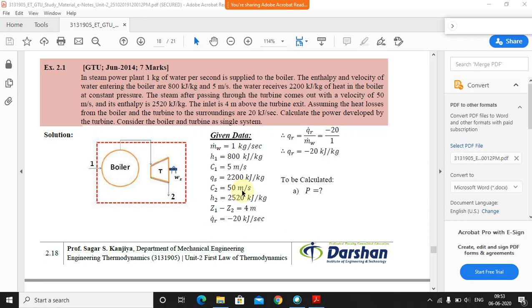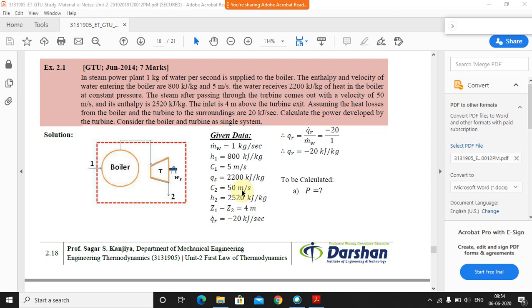The steam after passing through the turbine comes out with a velocity of 50 meters per second and its enthalpy is 2520 kilojoule per kg. The inlet is 4 meter above the turbine exit. Assuming that the heat losses the turbine, consider the boiler and the turbine as a single system.